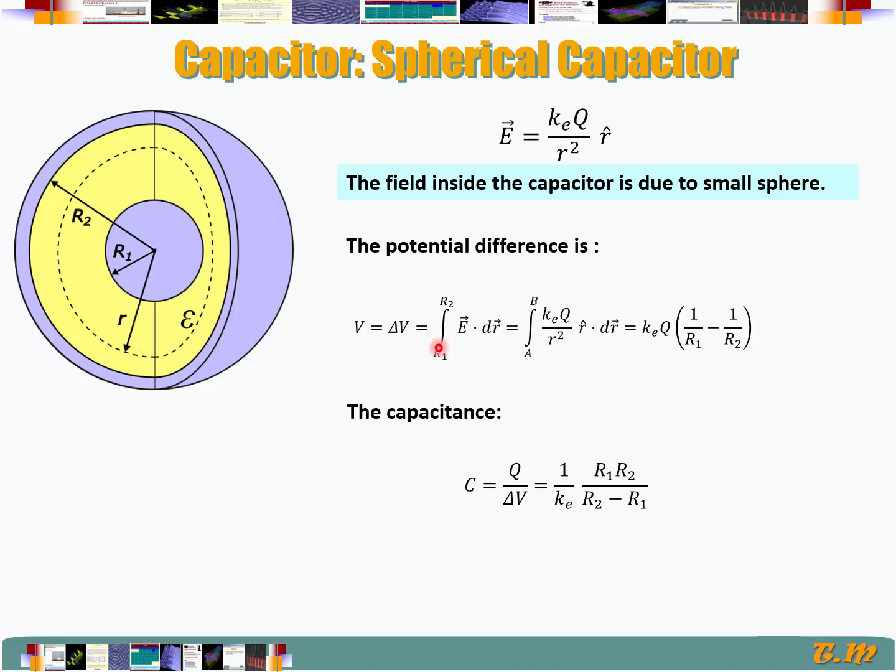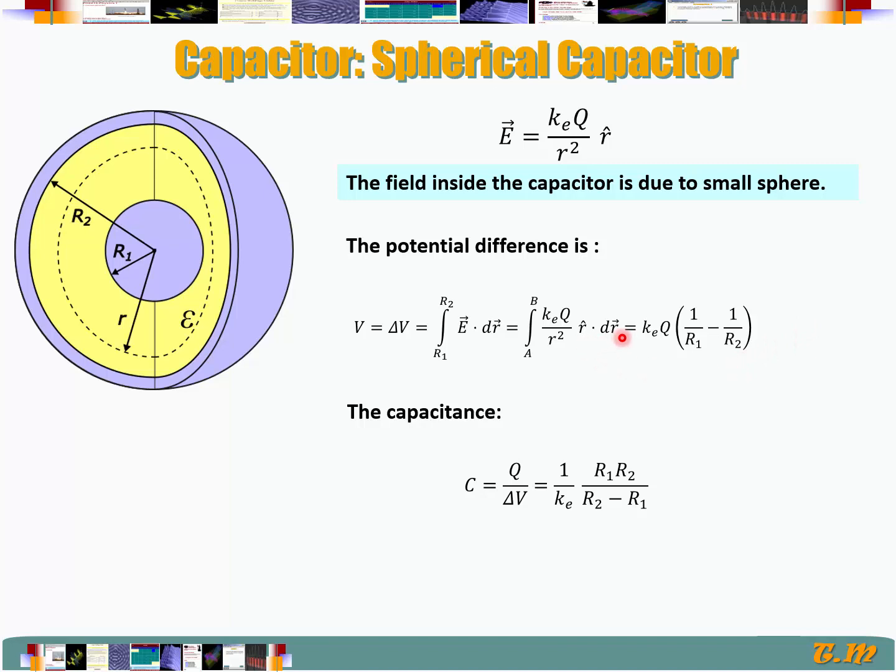And we are integrating in this case from R1 to R2, E dr. So we replace the value of E. So K Q over R squared times the unit vector R dr. So when we integrate that, the K Q is going to come out of the integration.